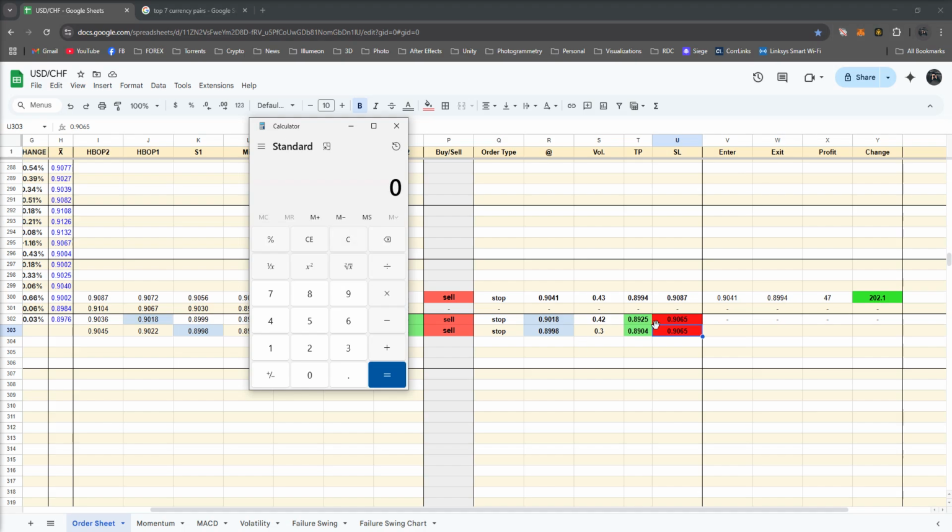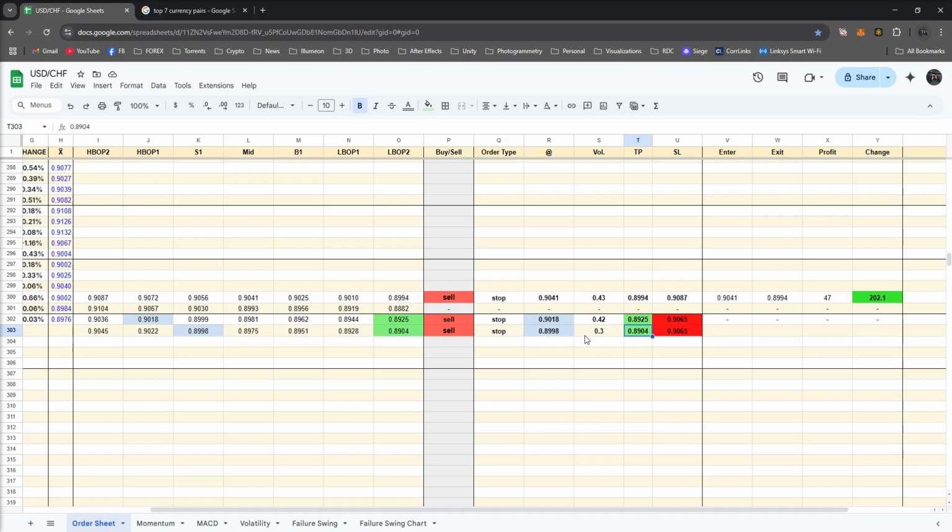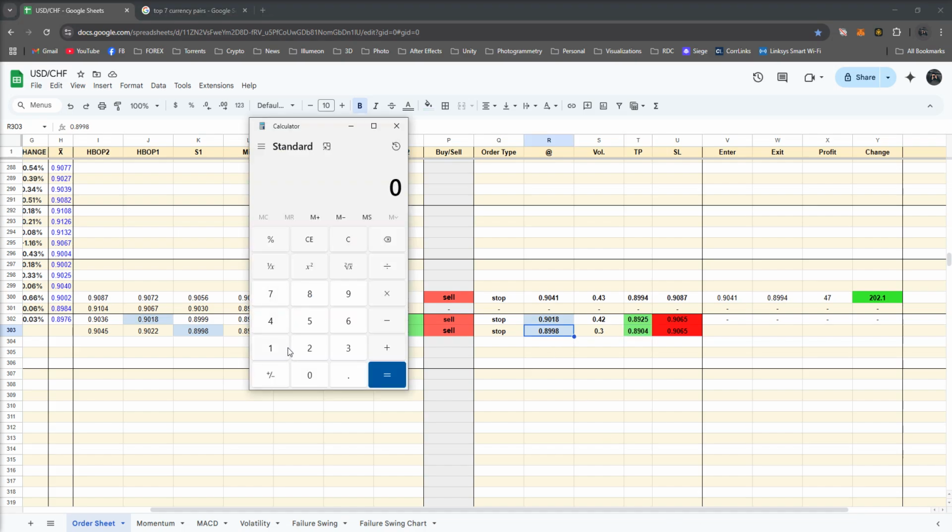So now let's see what the difference is in pips between my profit and my entry. So I'm going to do 0.8998 minus 0.8904. That's 94. So if I do 94 pips times $3, my win will potentially be $282. I'm risking 67 times $3 is 201.